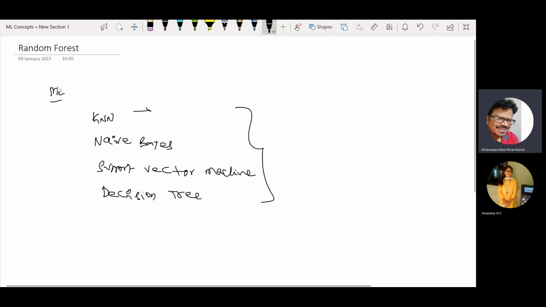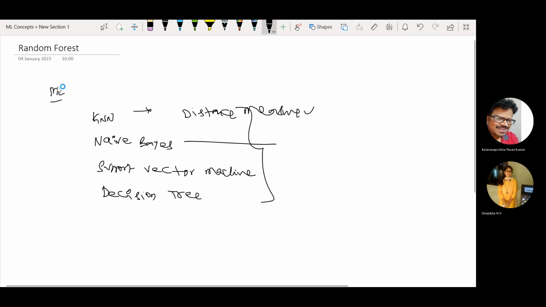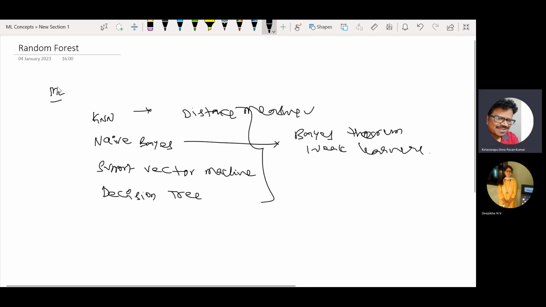And of course, KNN is based on the distance measure, or distance calculation, and it performs the activities accordingly. Naive Bayes is based on the Bayes theorem, and all the weak learners can be embedded in this particular Naive Bayes.